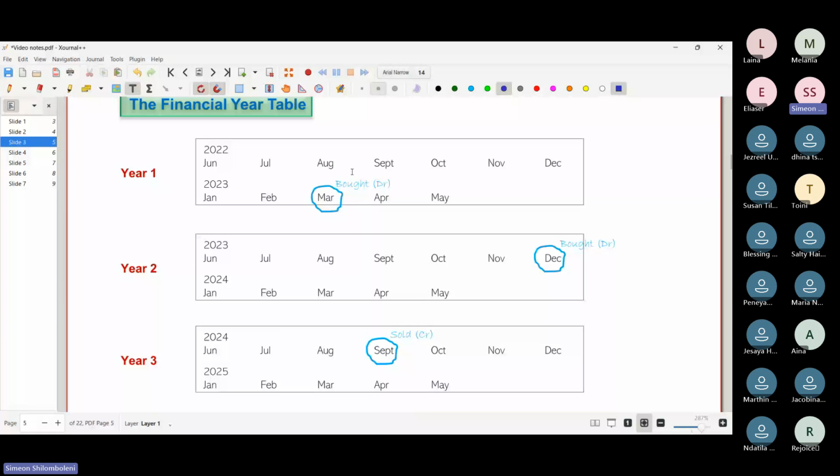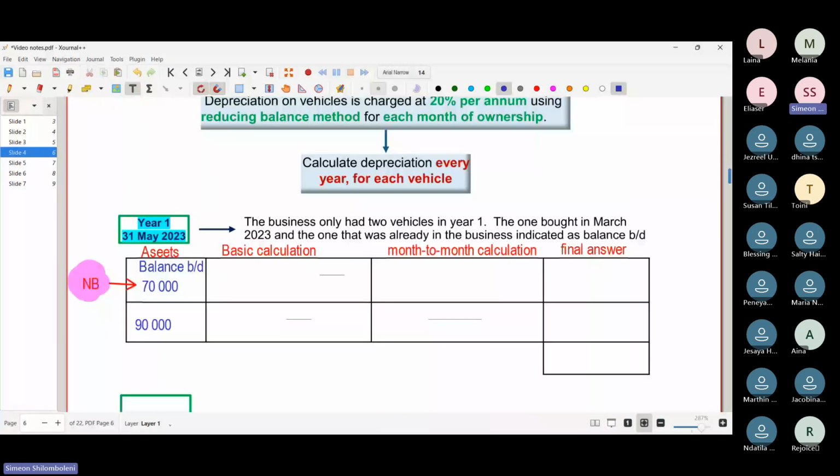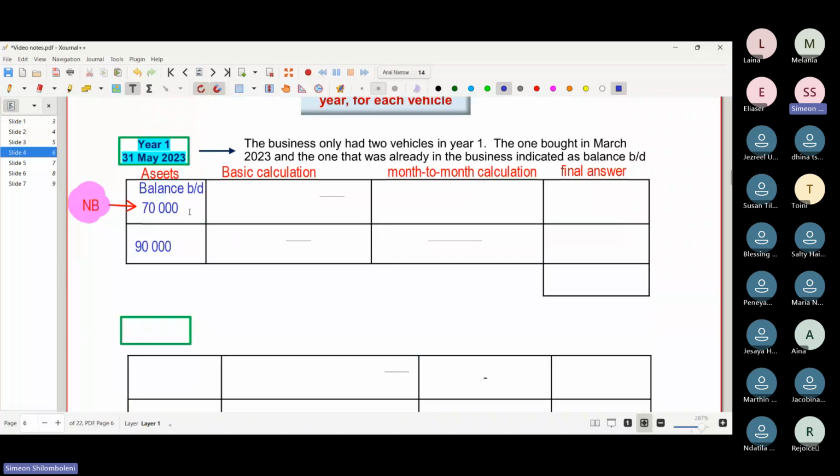So that's why in our year 1 calculation, we only have the 90,000 and the balance. That is the asset that was already in the business. The asset that was already there maybe 2 or 3 years before.